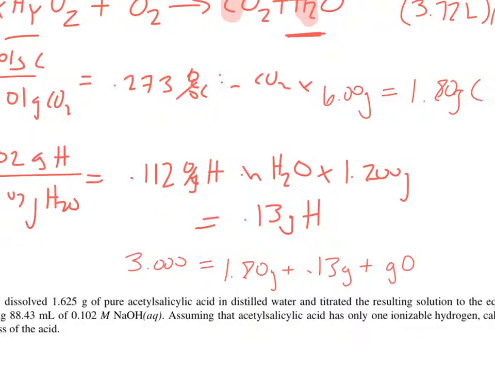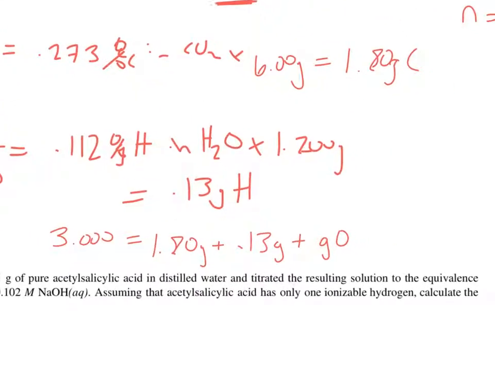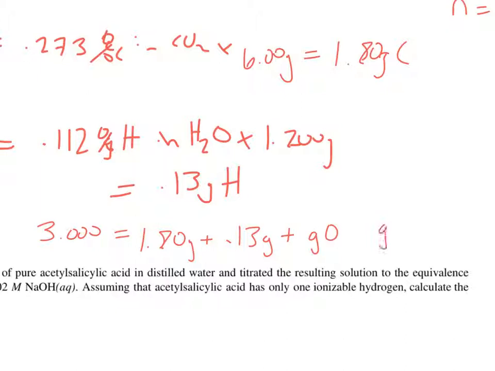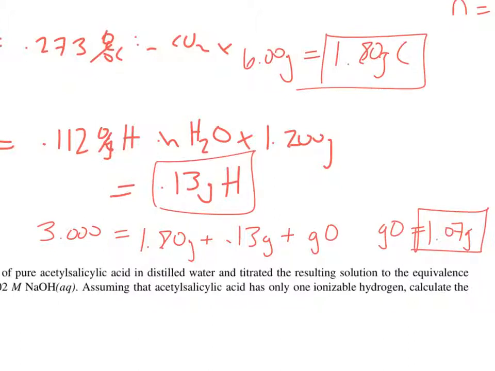It's the only one I don't know. So basic subtraction, solving for grams of oxygen, gives me 1.07 grams. So now I've got the three answers I need: grams of oxygen, grams of hydrogen, grams of carbon.